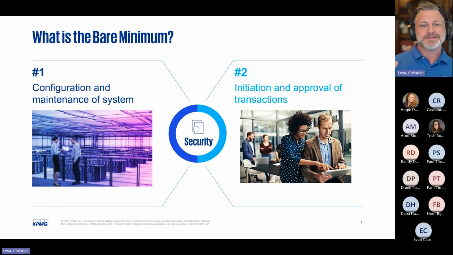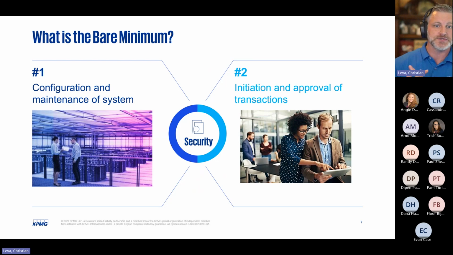We usually say that that type of activity is elevated, sensitive access, but that particular one does not necessarily make sense that it would only be the owners of the system that's doing it because it's still a transactional task. So it makes sense that it belongs to the business, but it should be limited in who should be able to do that.